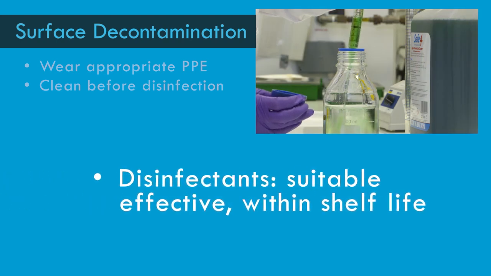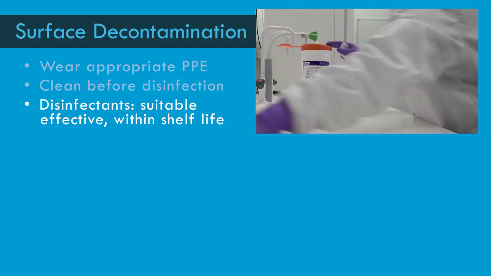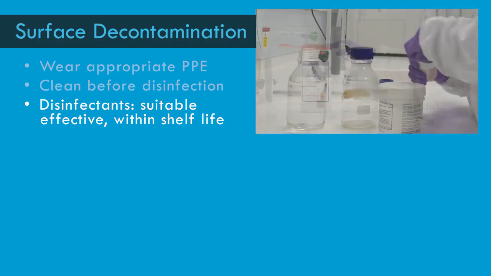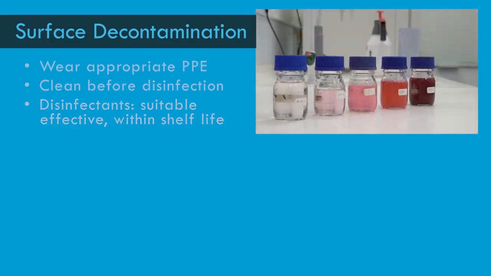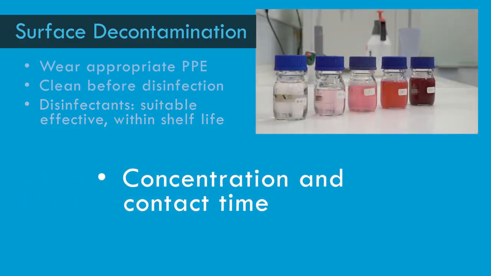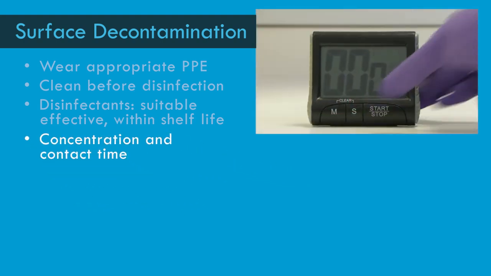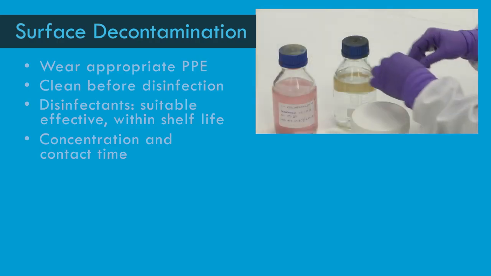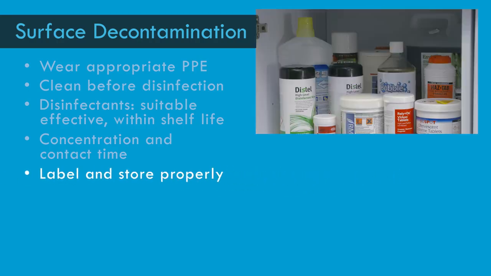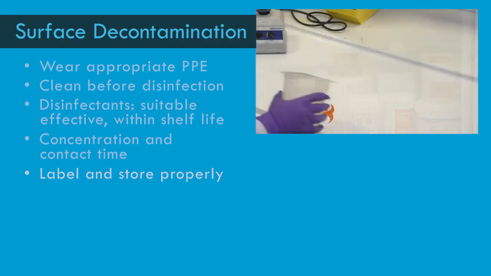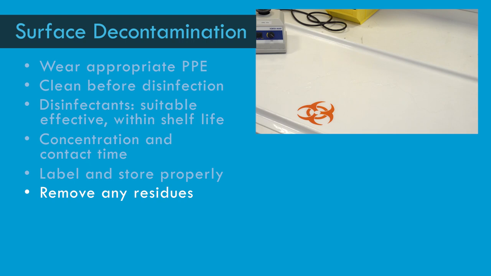Use disinfectants that are suitable for the surface material, effective against the biological agents, freshly prepared, and within their shelf life. Make sure disinfectants are used at the right concentration and with the right contact time. Disinfectants should be clearly labelled and stored properly. Remove any disinfectant residues with water or alcohol.